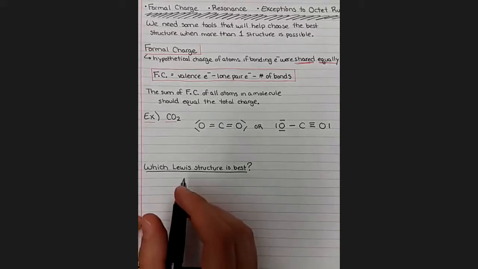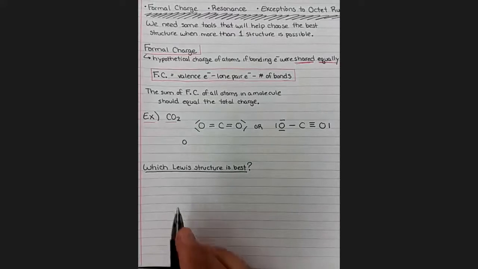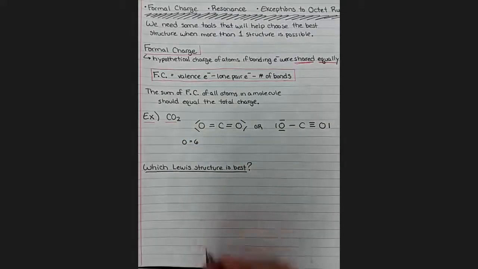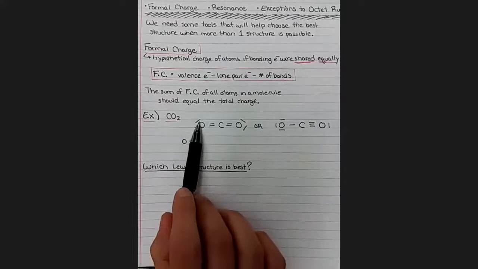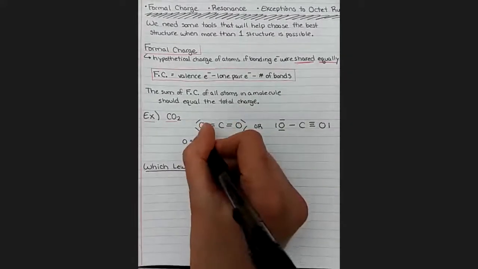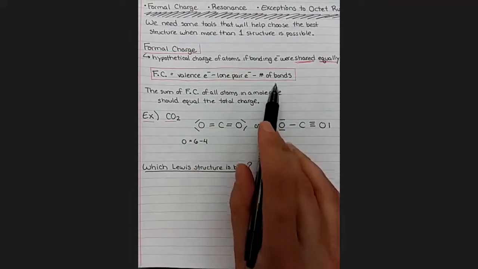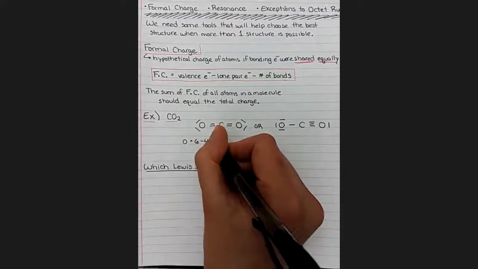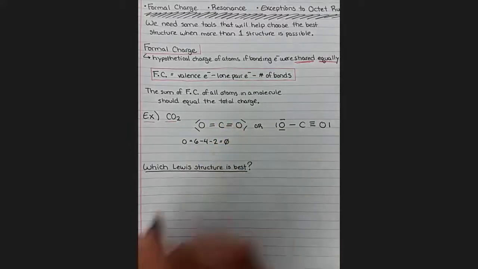I'm going to do my math over here below it. So this is supposed to be an O for oxygen. Oxygen has 6 valence electrons because it lives in group 16. We're going to subtract the number of lone pair electrons. So there's 2 lone pairs, so we'll subtract 4 lone pair electrons. And then we'll subtract the number of bonds. This oxygen is bonded twice to carbon, so that gives us a formal charge of 0.